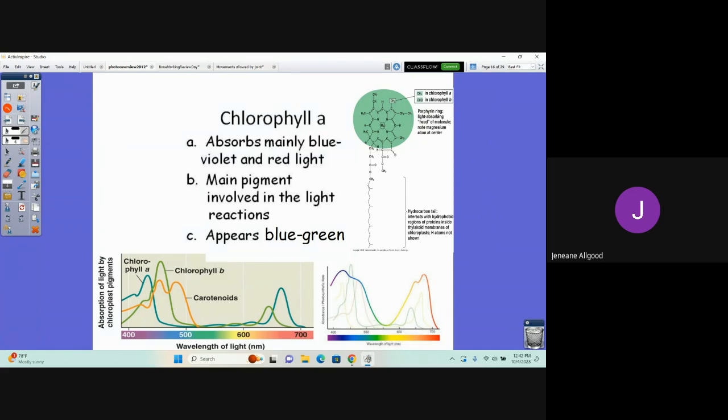If you look at chlorophyll A, it has a peak somewhere around 430, 440. It can absorb a lot of light there. So the thing I want you to think about is, what if I had chlorophyll A, and I shined light on it that was 430 or 440 nanometers? Would I be able to do a lot of photosynthesis or not much?